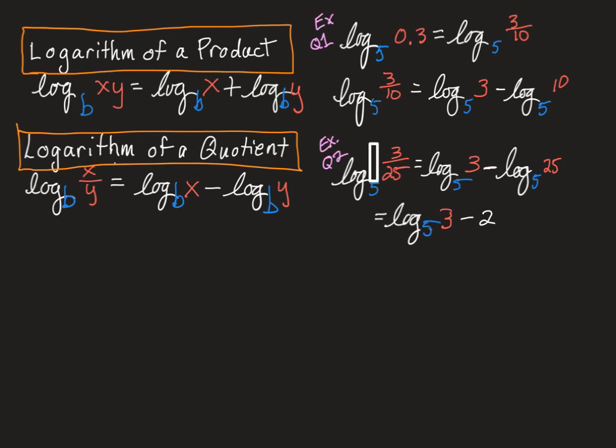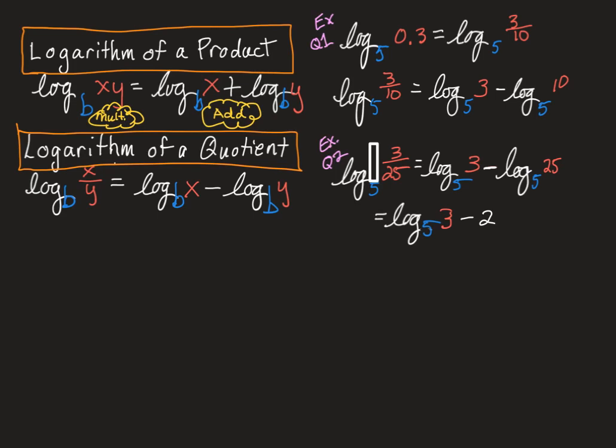Before we go any further, I want to raise a huge caution. We have the logarithm of a product here. We have a logarithm of a quotient here. In the logarithm of a product, we are going from multiplication to addition, or from multiplication to a sum.